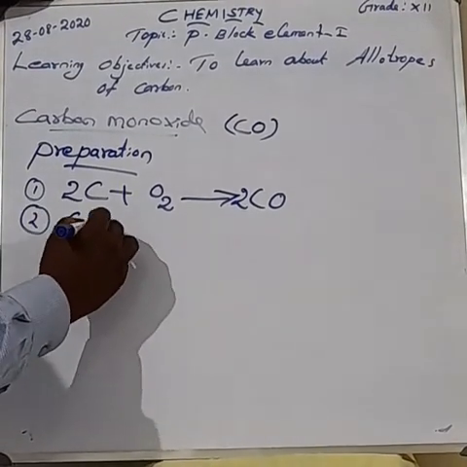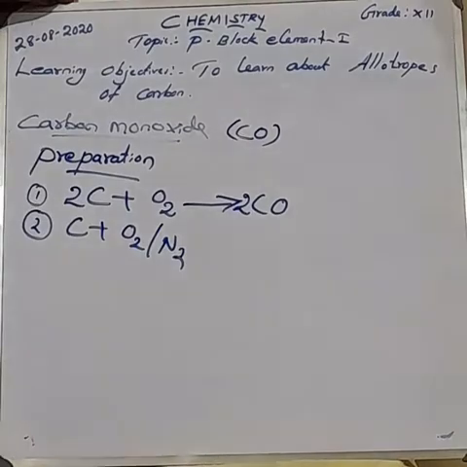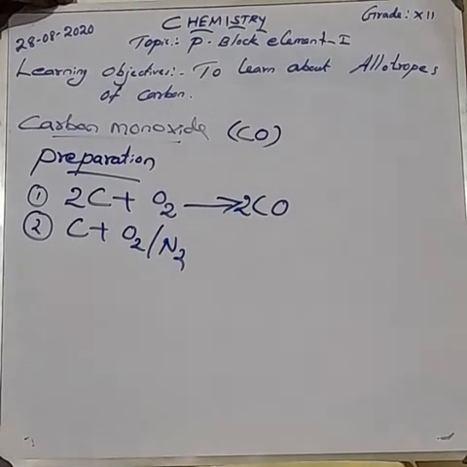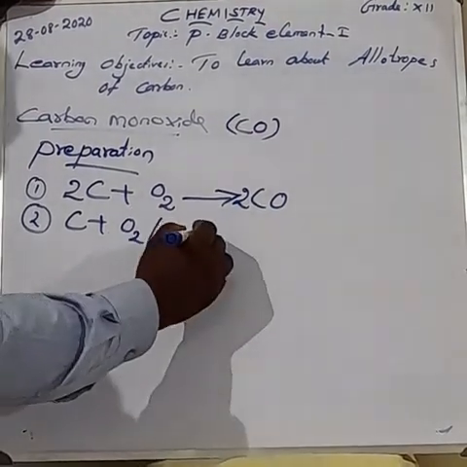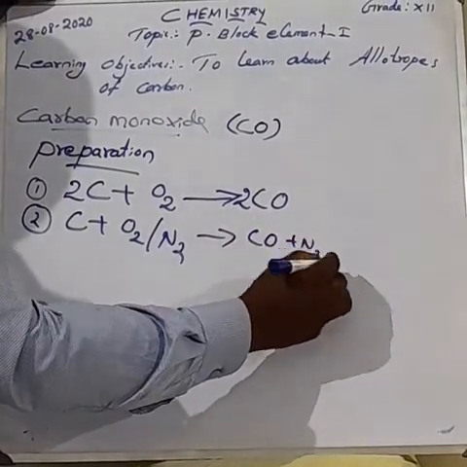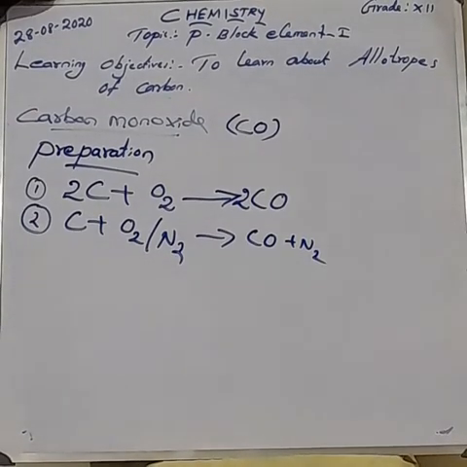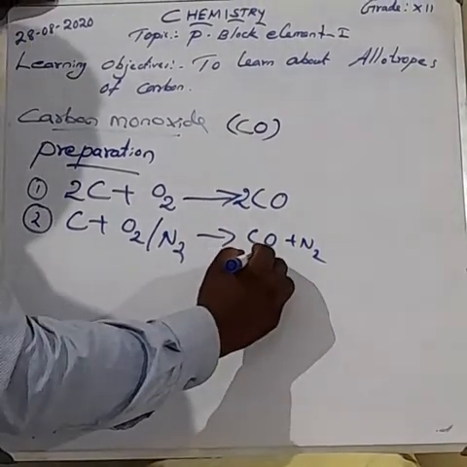The next one: carbon reacts with air in the presence of nitrogen to form carbon monoxide plus nitrogen. This mixture of CO and N2 is called producer gas.